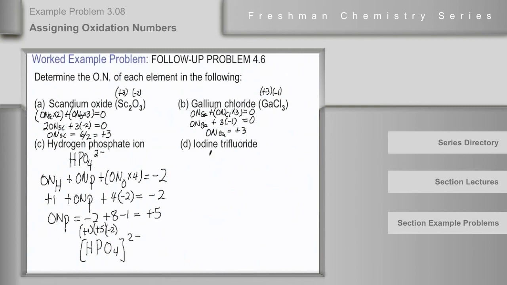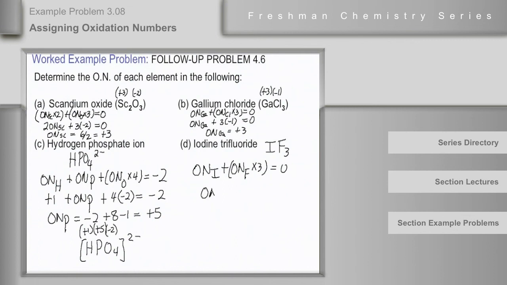Finally, iodine trifluoride has formula IF3. This is a neutral compound. The sum of the oxidation numbers of iodine and fluorine, the three fluorines, has to be equal to 0. So we can say oxidation number of iodine plus oxidation number of fluorine times 3 is equal to 0.